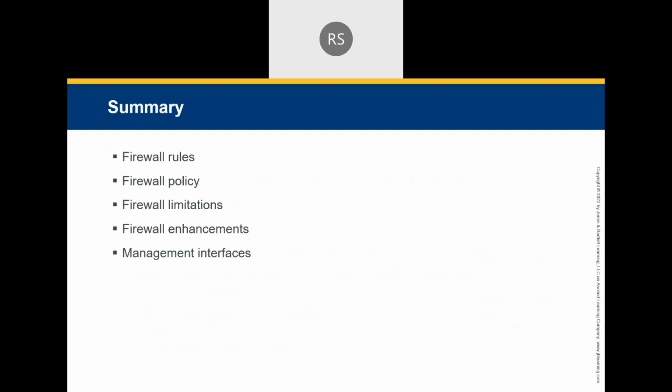We've talked about firewall enhancements in this chapter, and that includes malware scanning, IDS and IPS capabilities, VPNs, endpoints, unified threat management, and virtualized firewalls. So these enhancements augment traditional firewall capabilities, and it provides a more comprehensive defense against the evolving cyber threats.